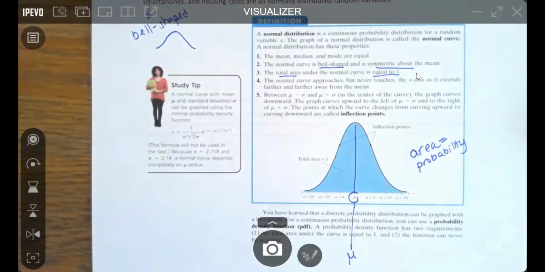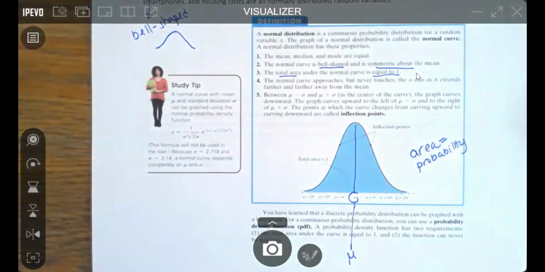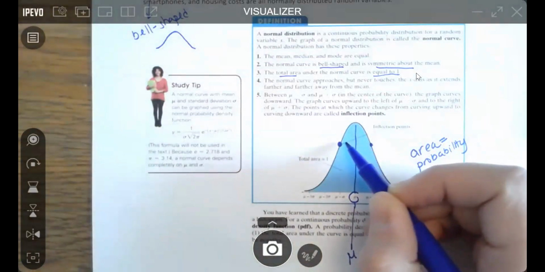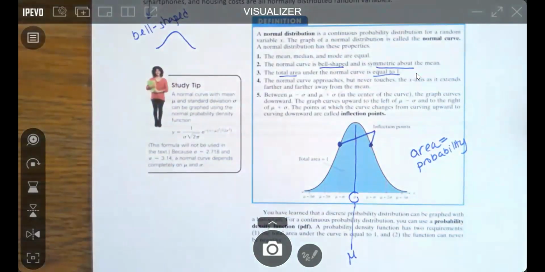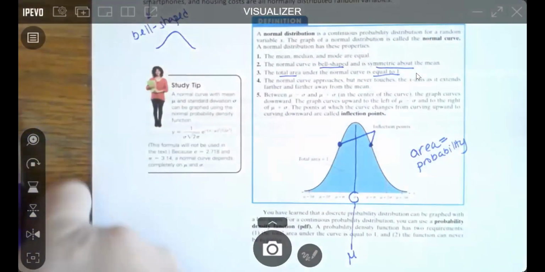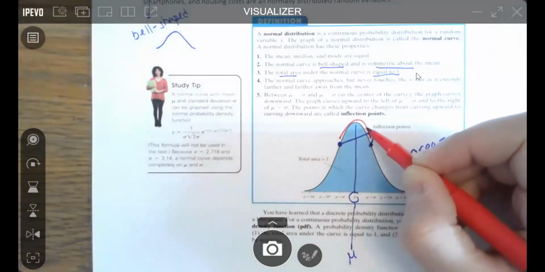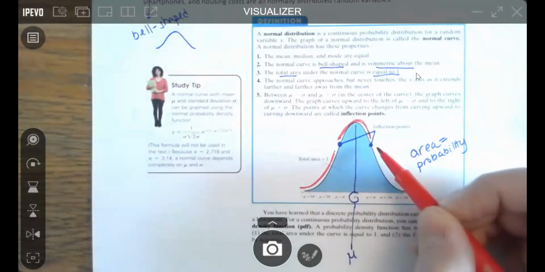And then between the mean plus or minus 1 standard deviation, the graph curves downward and then it switches to an upward curve. So here and here, these are called inflection points. It's basically where the curve changes from more of a downward shape, like here, where it looks like an upside down U, to more of an upward shape, so more of a regular U shape.